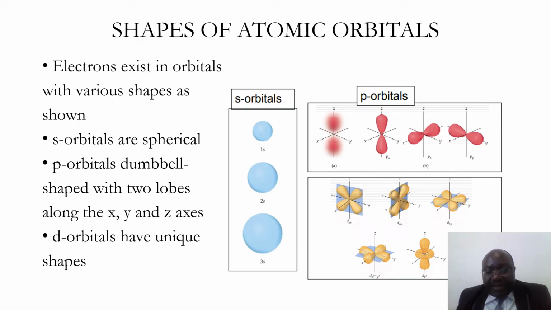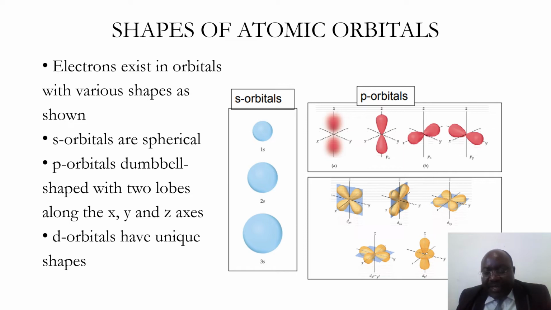The dumbbell shapes of these p orbitals show that we have two lobes on either side of the internuclear axis. We have these lobes lying along a particular axis.